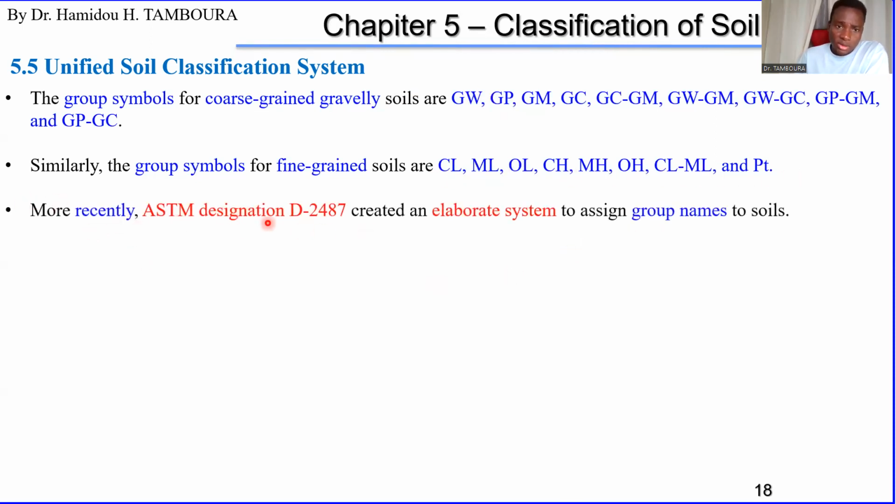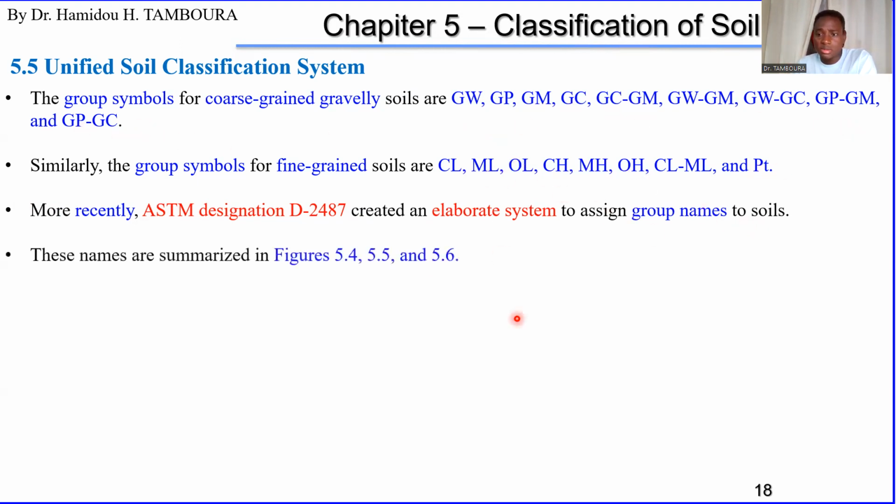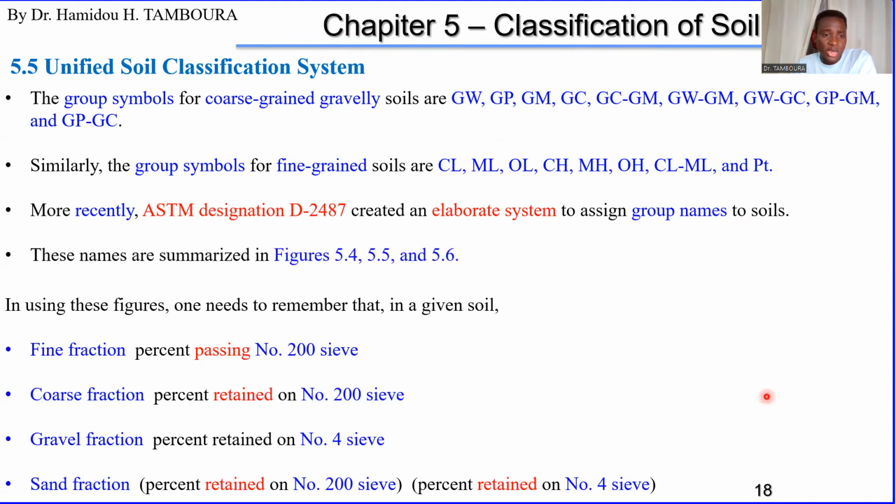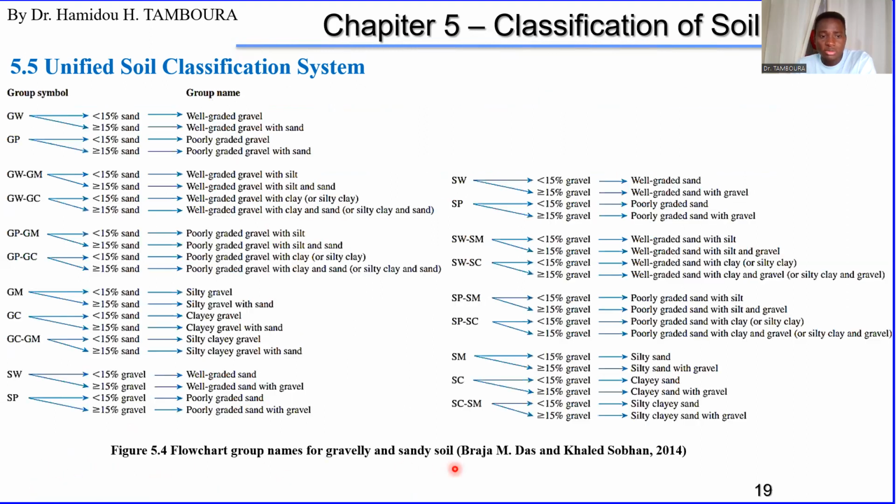And recently, the American Society for Testing and Materials created a new system to help people find these names. But to do that, we need the same information we needed to do the classification: the percentage of fine fraction, coarse fraction, gravel fraction, and sand fraction. I think there is nothing to explain here.